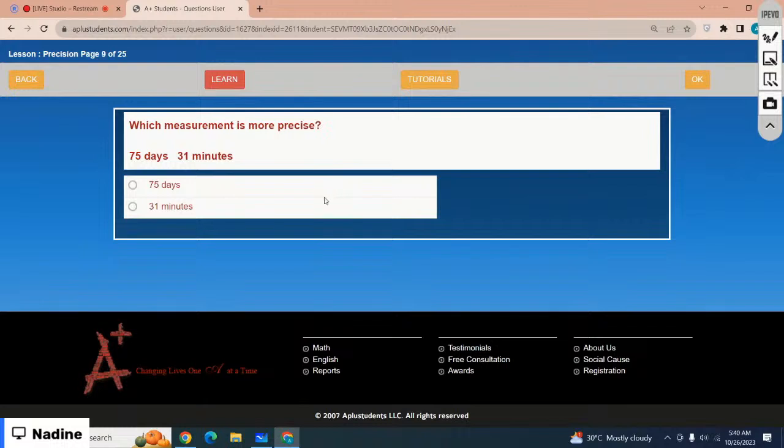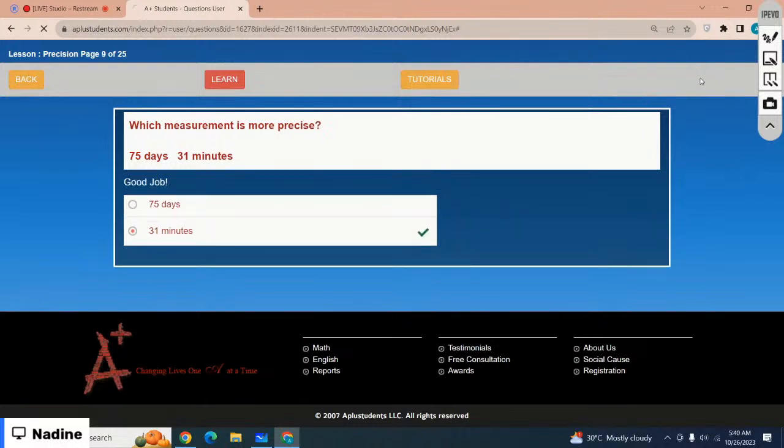The correct option is 31 minutes because minutes is a smaller unit than days.